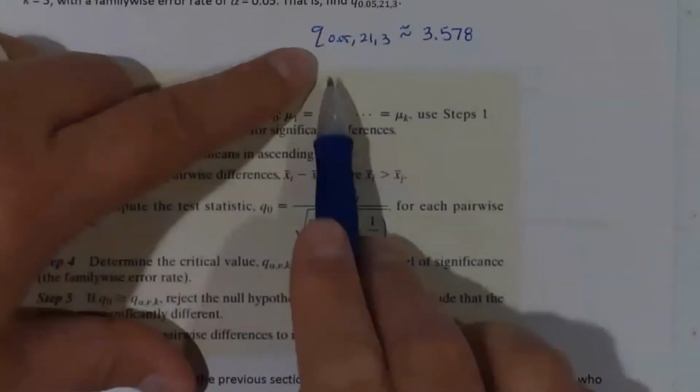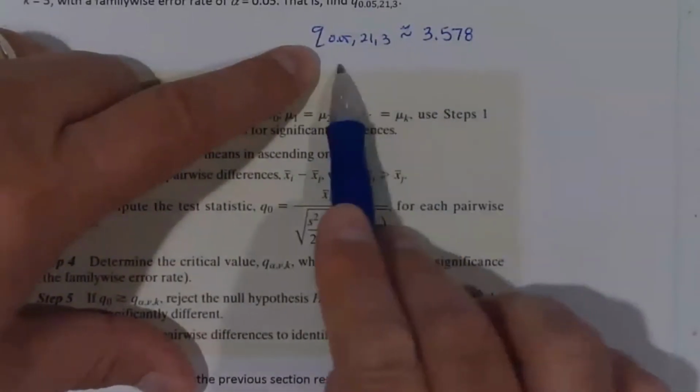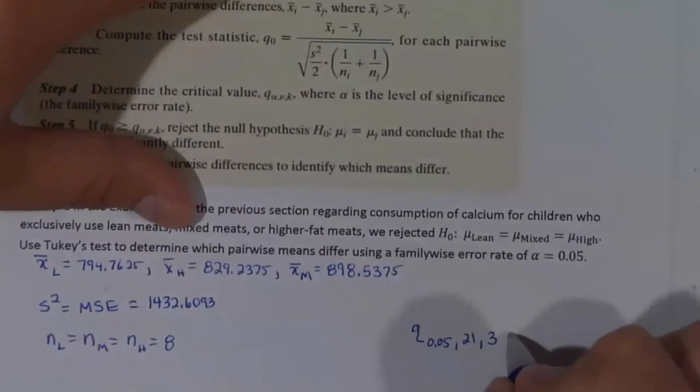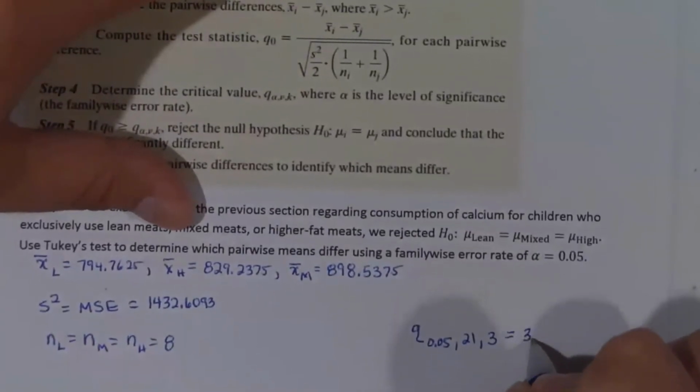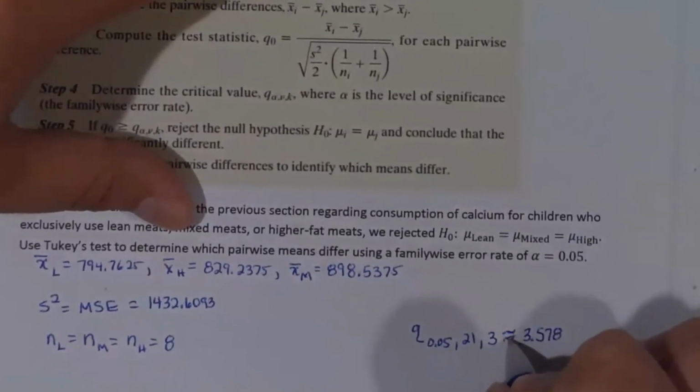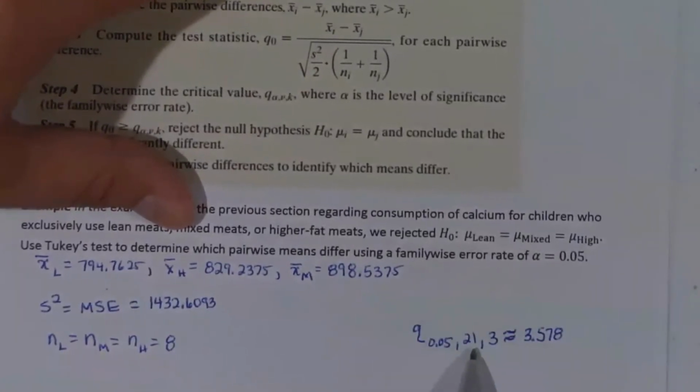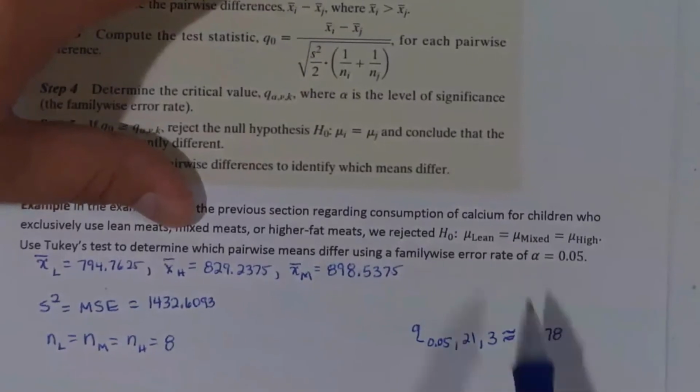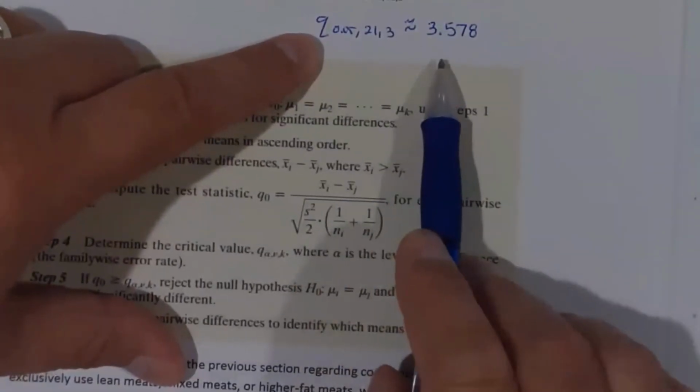So I need to use this value that we found up here. So that is 3.578 approximately. Now remember, we had to use 20 instead of 21. So I'm going to compare my test statistic to my critical value that we found before.